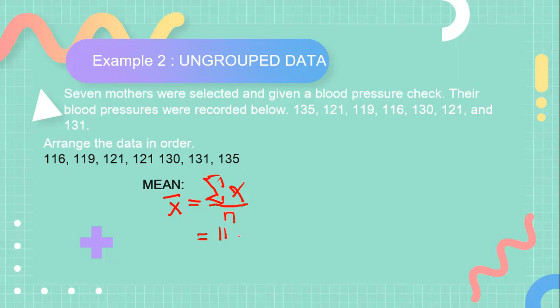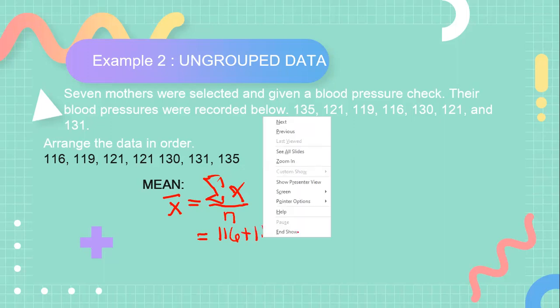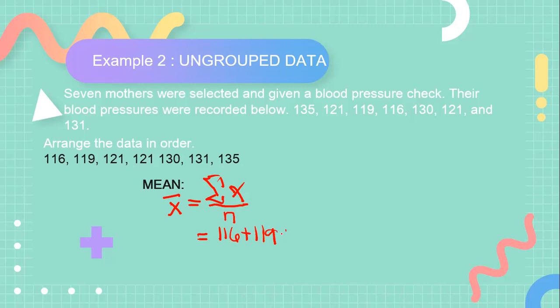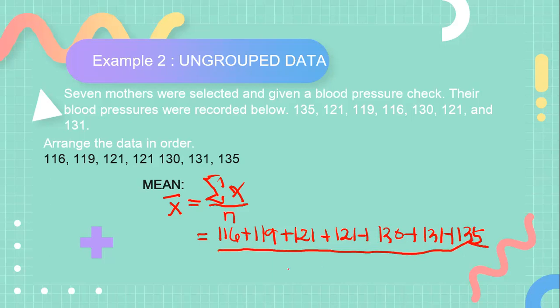So, 116 plus 119 plus 121 plus 121 plus 130 plus 131 plus 135, then over 7, because we have 7 data points.